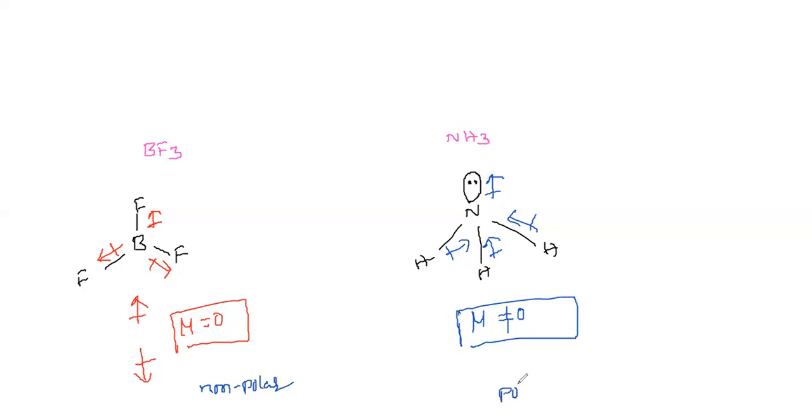Here, this is polar. Polar means it has a dipole moment, mu not equal to zero. In BF3, mu equals zero because the vectors cancel with opposite directions, but in this case all are in the same direction and not cancelled, so mu is not equal to zero.